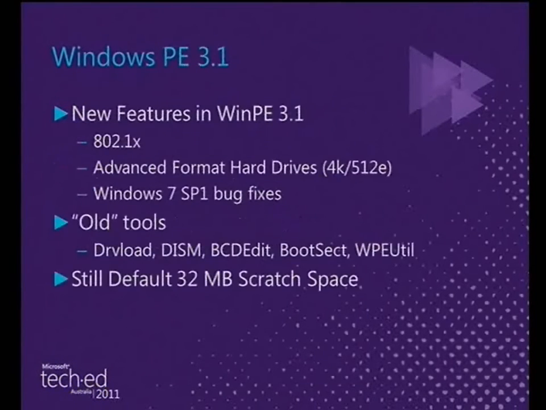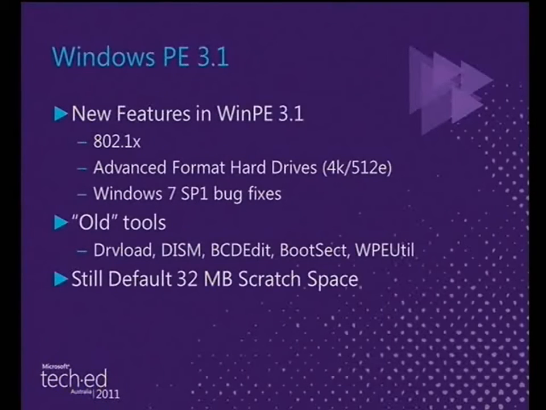All right, so the latest version of WinPE is 3.1. Currently, I don't recommend you to use it yet, because the current deployment solutions sort of work best with version 3.0. However, there are functions in 3.1 that are sort of needed.